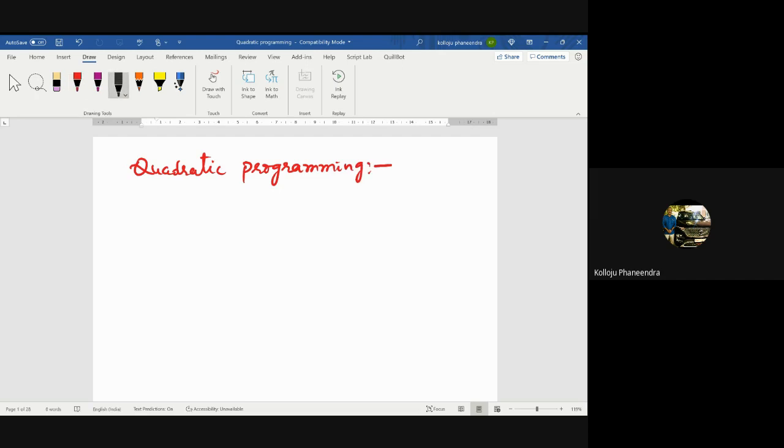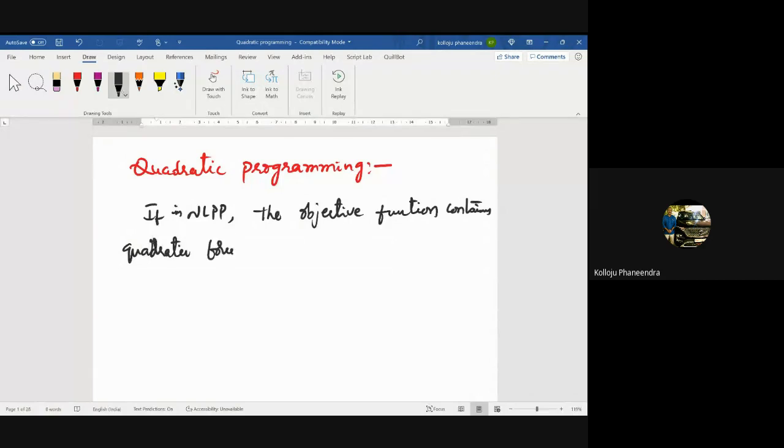Quadratic programming. If in an NLPP the objective function contains a quadratic form, what is the model of the quadratic form? X transpose AX.